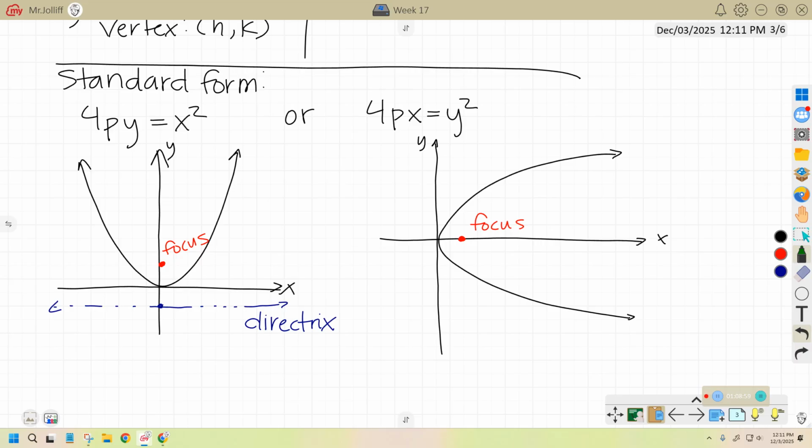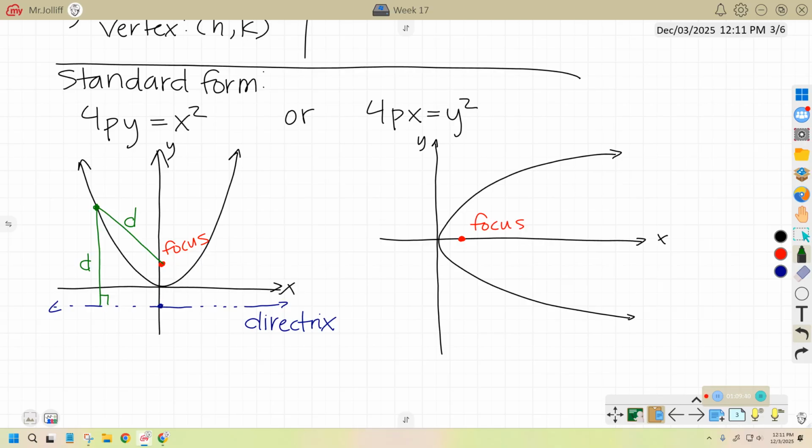So if I pick a point here on my parabola and I draw a line from that point on the curve to the focus, and I also drop a line from that point down to the directrix, straight down, nice perpendicular line, those two distances are equal. And they are equal for every point on the curve. That is what defines its shape.